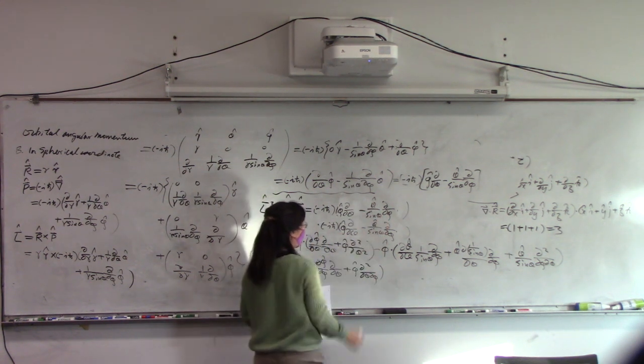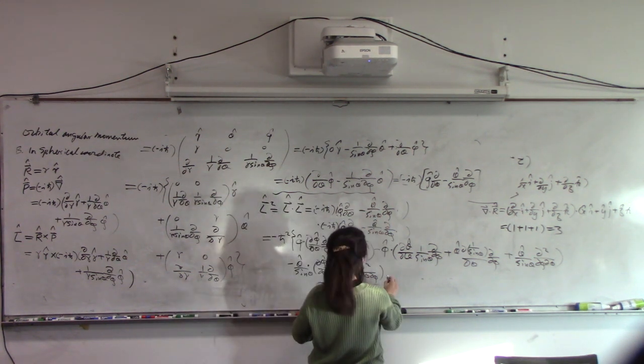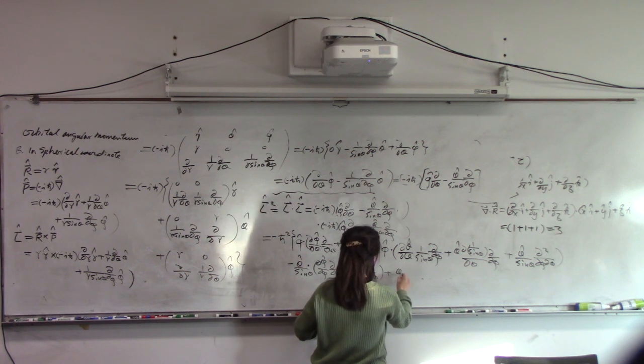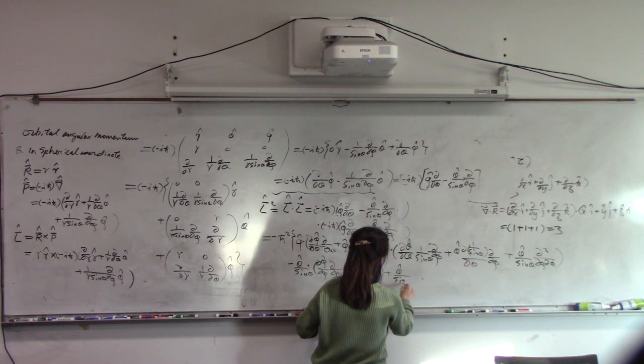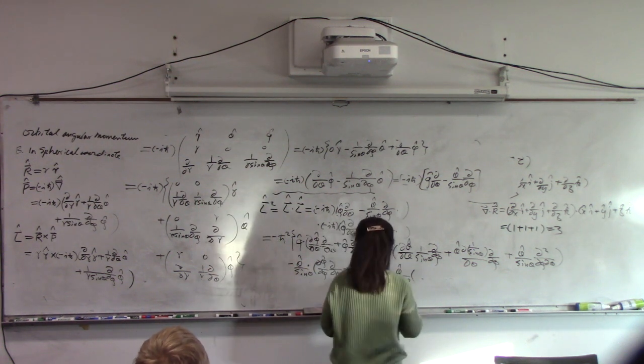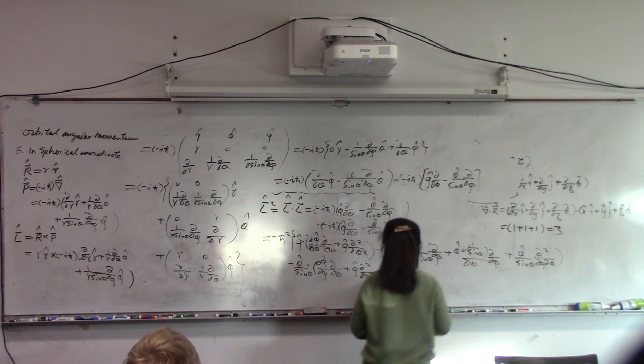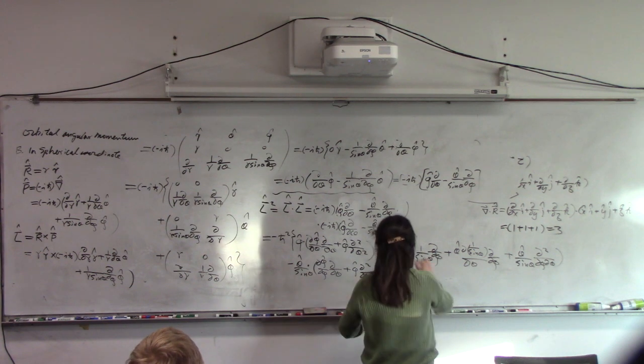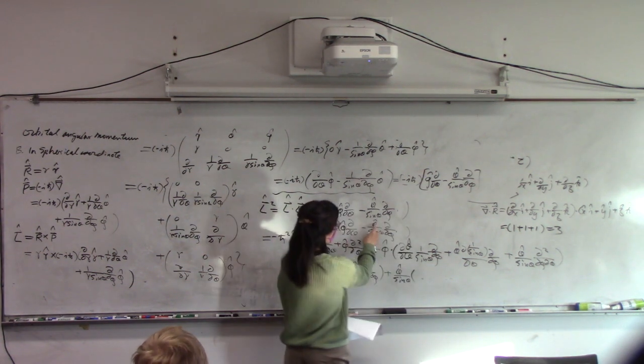And then come to here. So then minus becomes plus, right? Plus theta hat over 1 over sine theta, inside. Okay, so inside here we have also three terms, right?